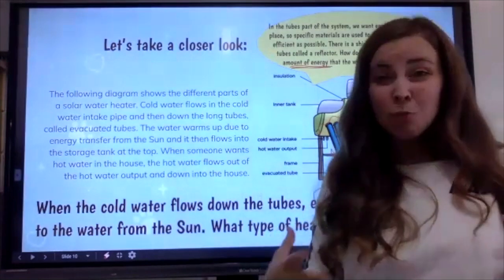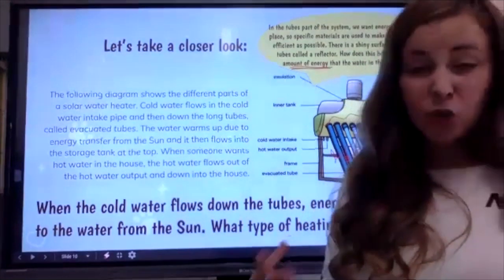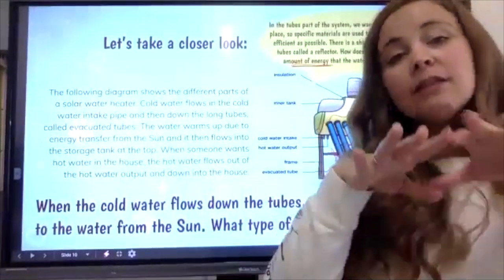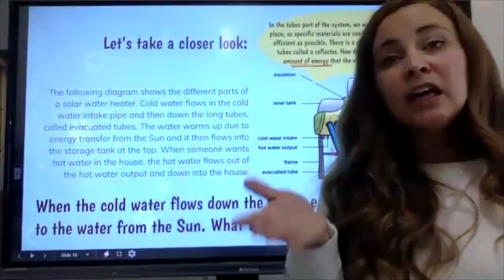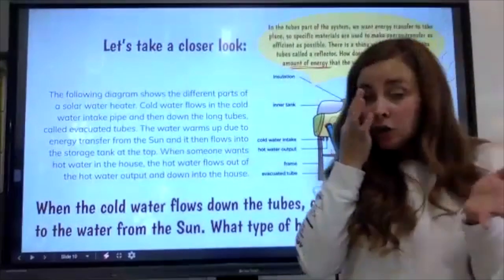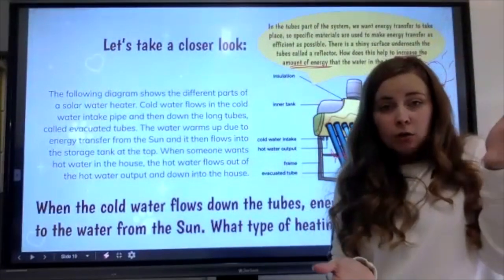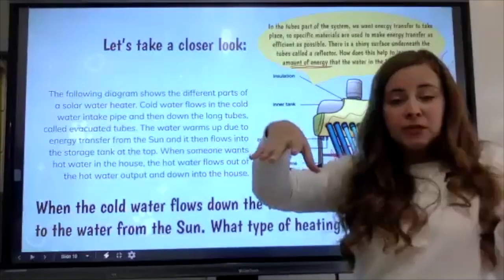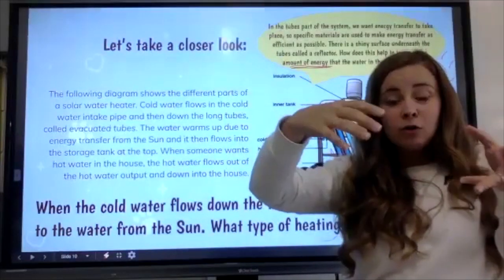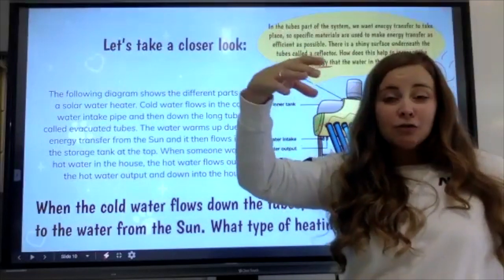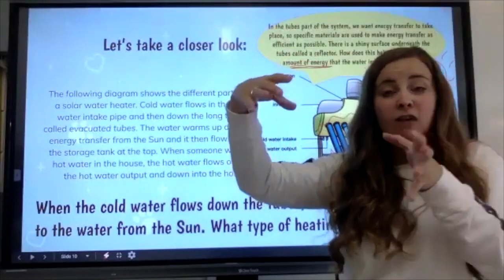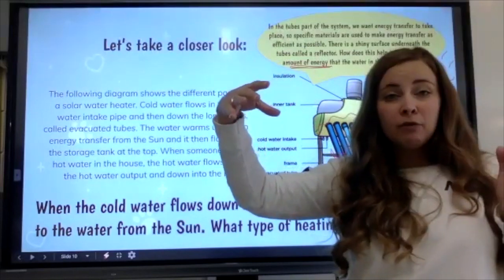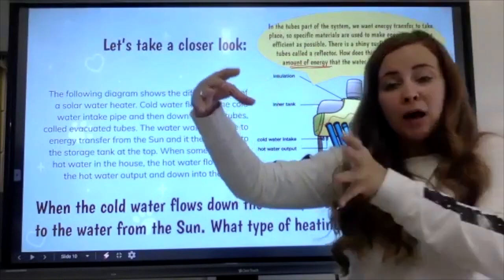So a way that you might implement this strategy in your animal shelter would be to wrap something in aluminum foil and direct it towards your animal shelter. Then you're going to get radiation from the sun shining down on your house and radiation being reflected off of a mirror or aluminum foil or some other type of reflective metal back onto the house.